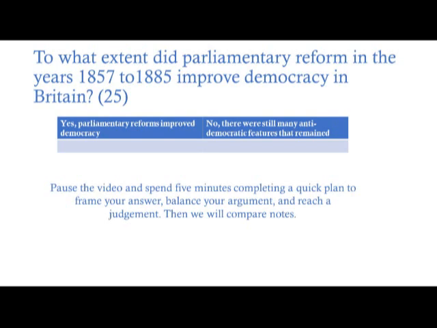Your left-hand column for identifying the evidence that you could submit to agree with the assertion in the question that yes, parliamentary reforms did improve democracy in Britain, and then on the right-hand side your counter arguments, in other words, some of the anti-democratic features that still remained in the UK.